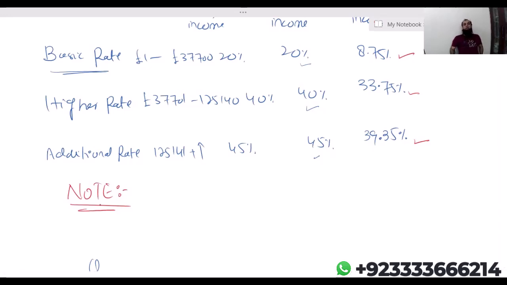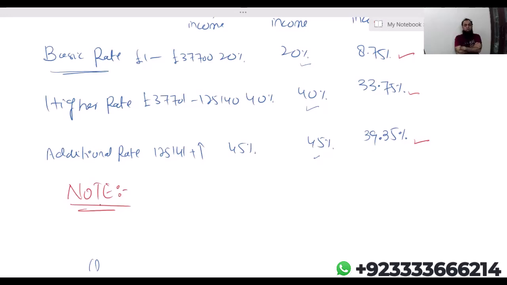Every individual, irrespective of the tax paying status, gets a nil rate band of £500 for dividend income. So in Finance Act 2024, the limit for the nil rate band for dividend income is £500.